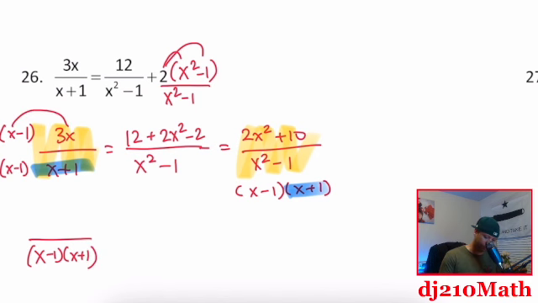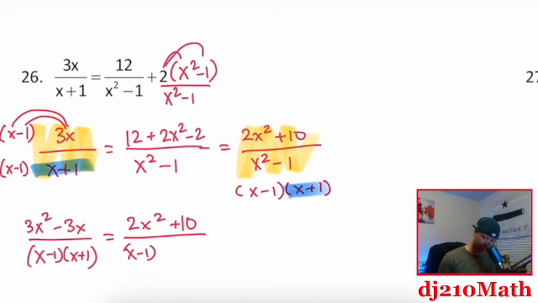The top, we distribute. This is going to be 3x squared minus 3x. On the right, we're going to have 2x squared plus 10 over x minus 1, x plus 1.